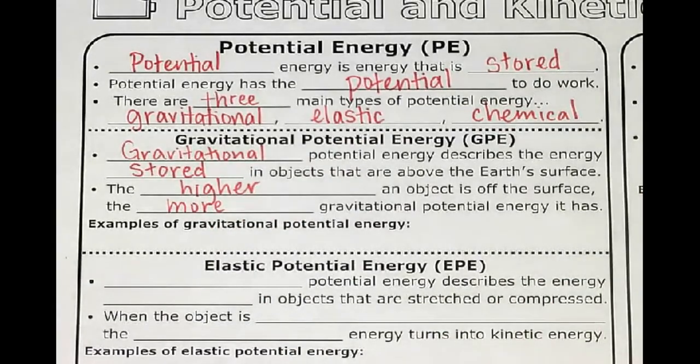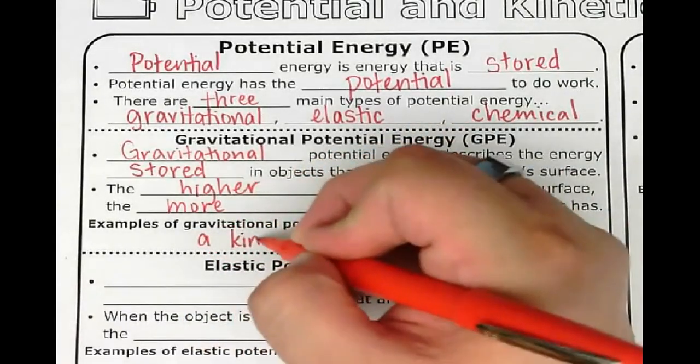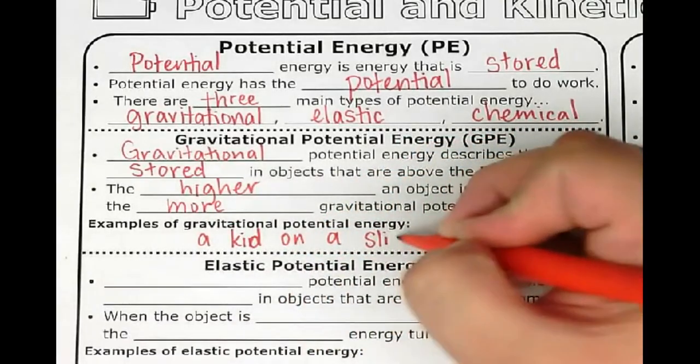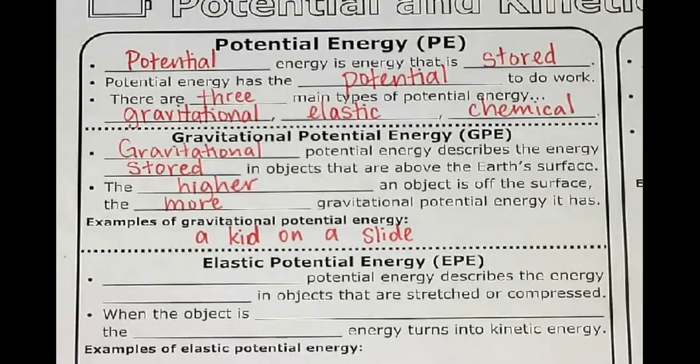The higher something is, the more it has. So here's an example: a kid on a slide. That would be an example of gravitational potential energy. As they're at the very top, right before they go down, they're high up off the ground, so they have high GPE.